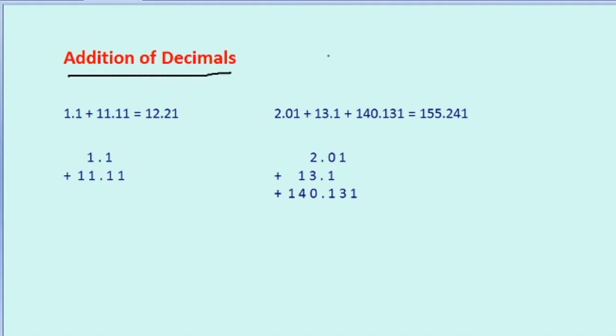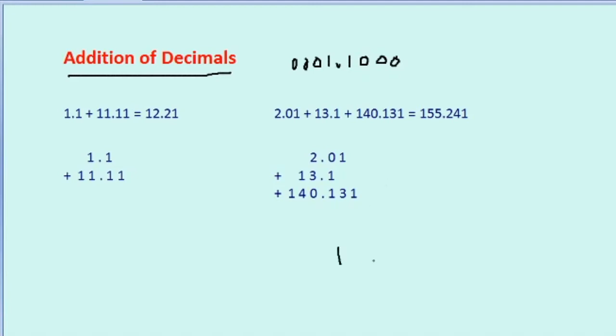One thing you should remember, suppose this is my number 1.1. If I add zeros to the left of the decimal, 0, 0, 0, the value of this number will remain the same. It will not change. In the same way, at the right of the decimal, if I add zeros, 0, 0, 0, then also the value of the number will not change. If the decimal comes in between the numbers, then it will change.